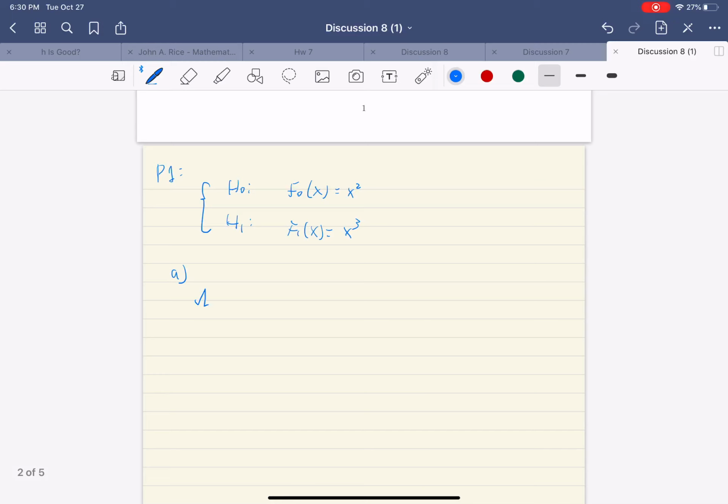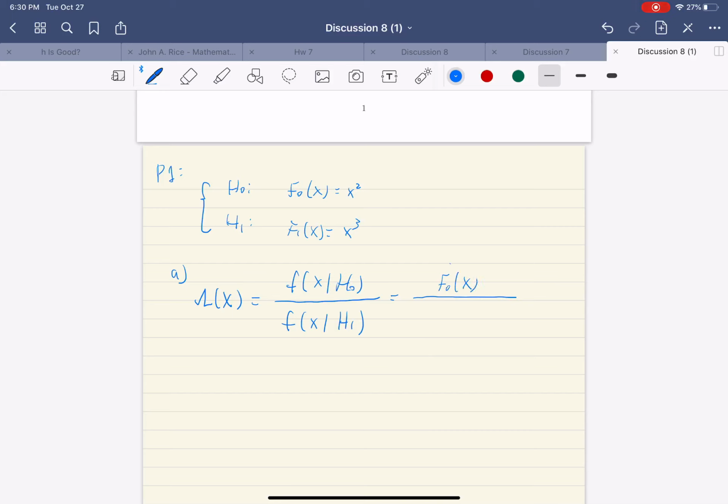The likelihood ratio test is the ratio of the density under the null over the density under the alternative. And the density is equal to the derivative of the CDF.